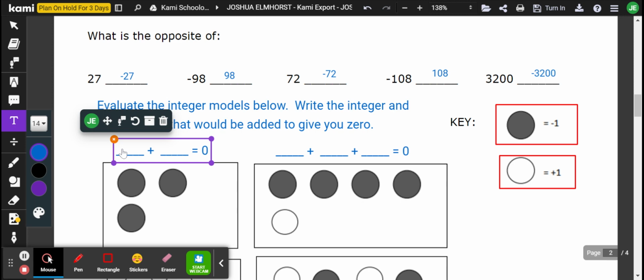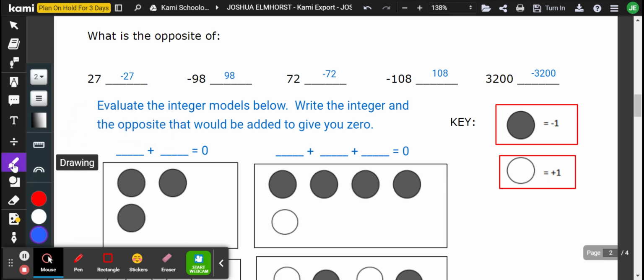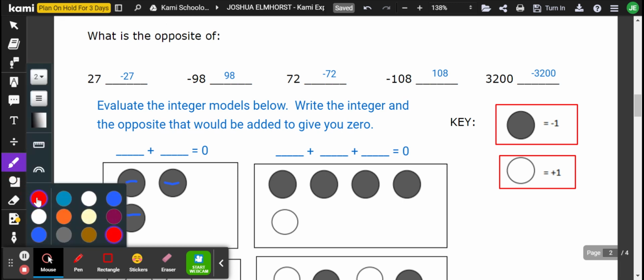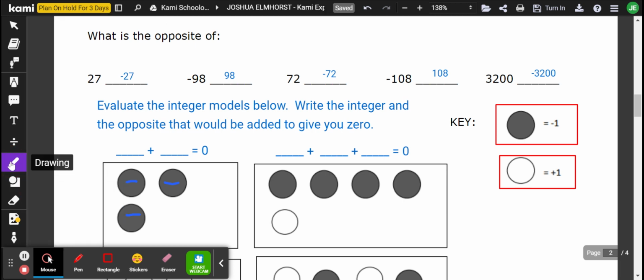So for example, I think I'm going to write over top here. So this is -1, -2, -3. I think that color could be a little more friendly here. So we got -1, -2, -3. So in this model, we have -3.